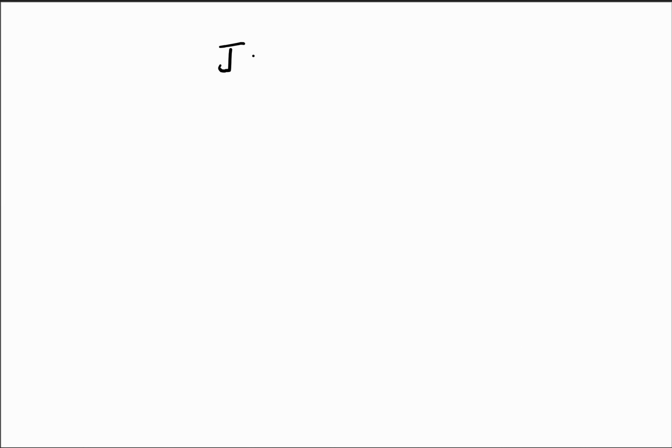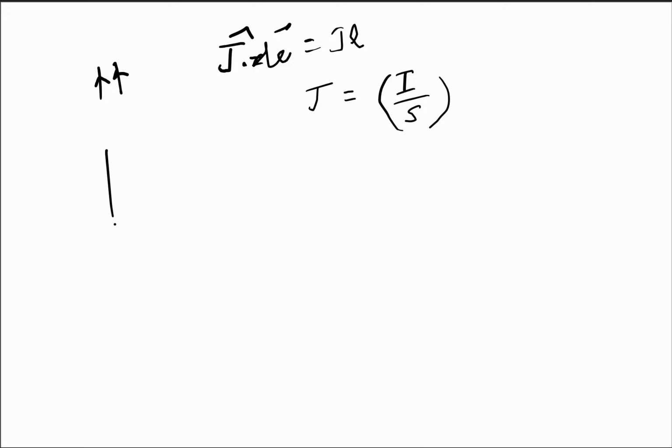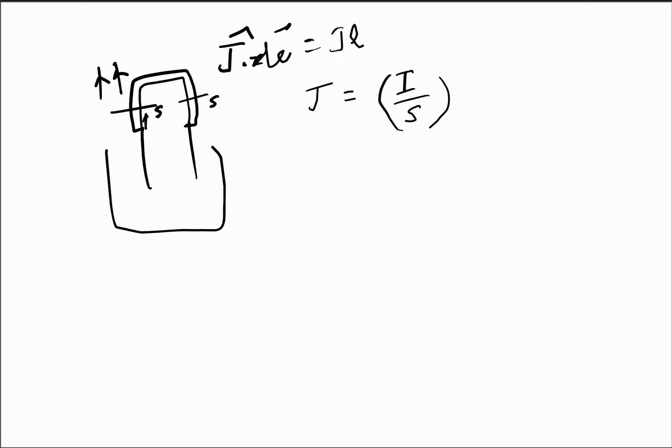Now, I am assuming that current density as well as dl are in the same direction. So J dot dl is simply J dl. J is simply the current per unit surface area of the conductor. So this was the battery, these were the electrodes, and this conductor is connecting these two electrodes. The cross section is S of this conductor, and current density is in this direction, and dl is also in this direction.